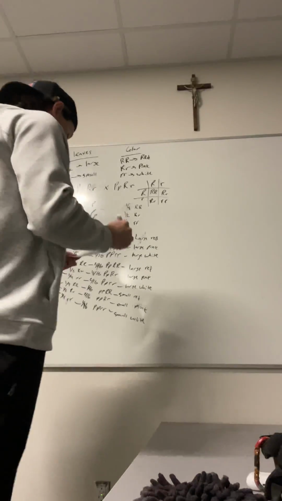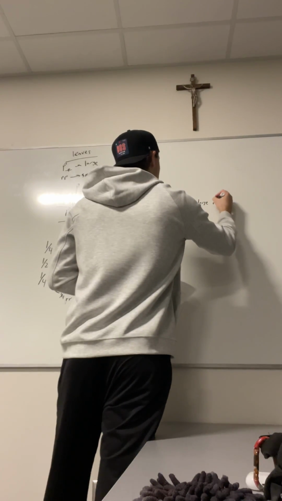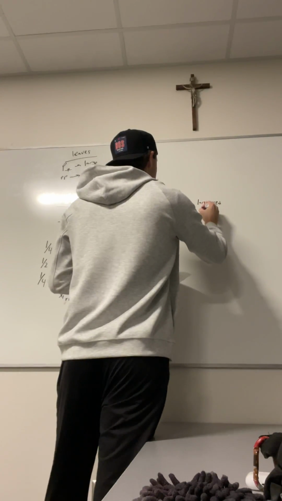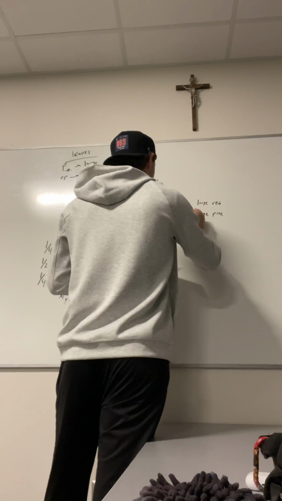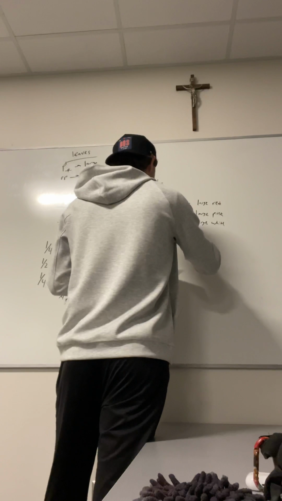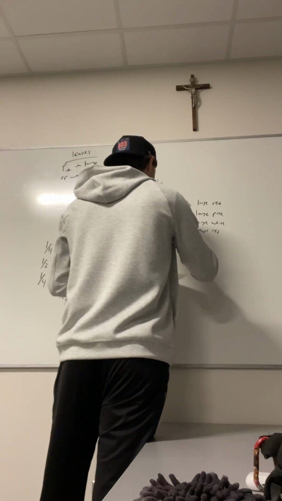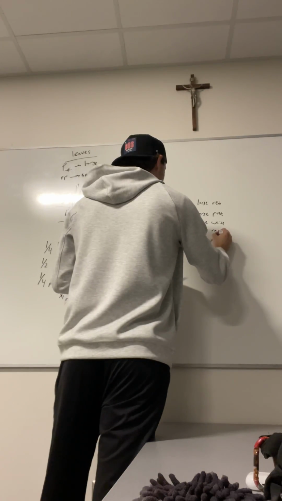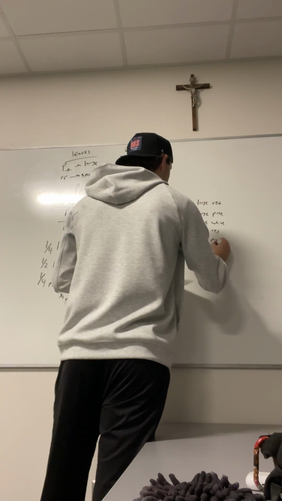Then you just add these all up, so it would be 3/16 large red, 6/16 large pink, 3/16 large white, 1/16 small red, 2/16 small pink, and then 1/16 small white.